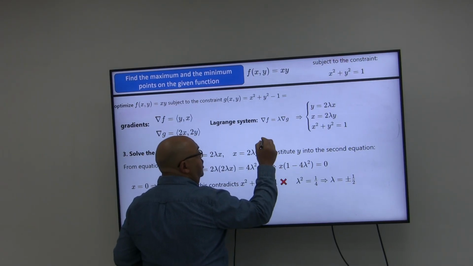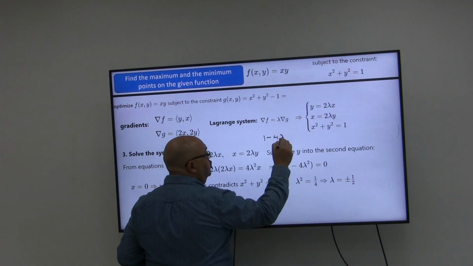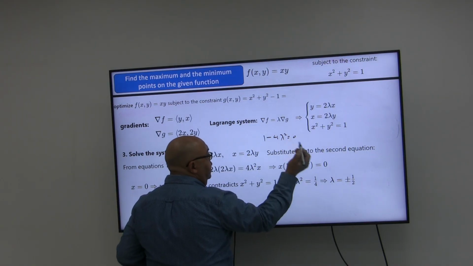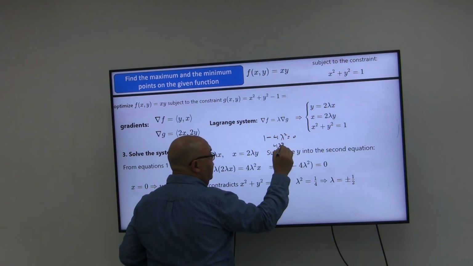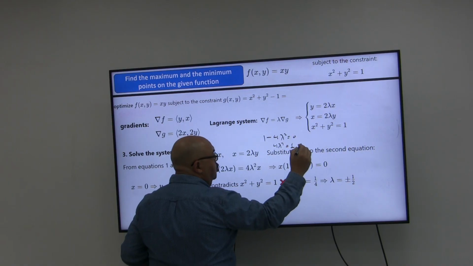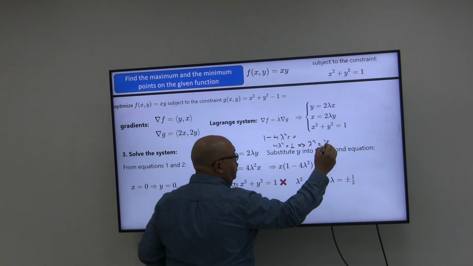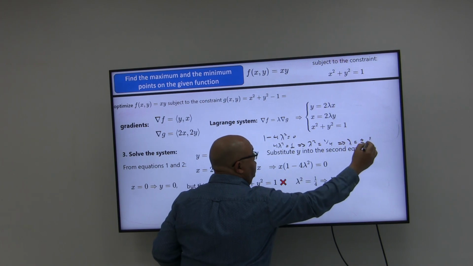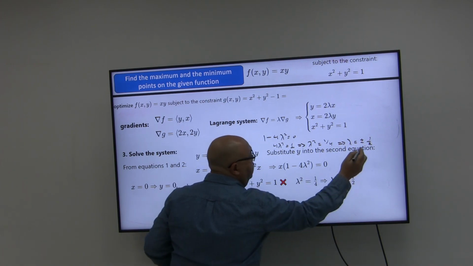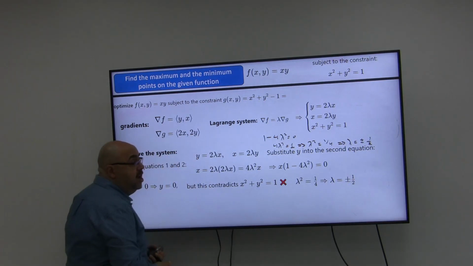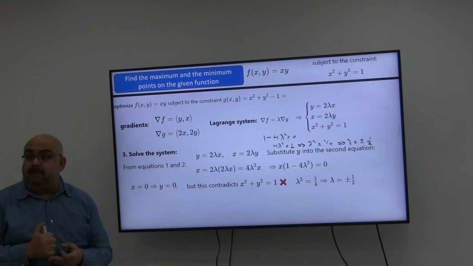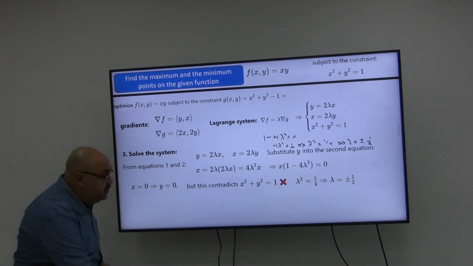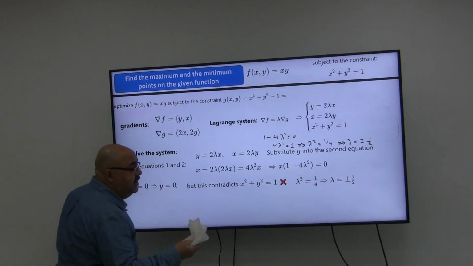If I have 1 minus 4 over lambda squared equal to 0, this means 4 over lambda squared is equal to 1, which leads to lambda squared is equal to 1 over 4. That leads to lambda equal to positive or negative 1 over 2. So now I have the option of using this relation as you saw.